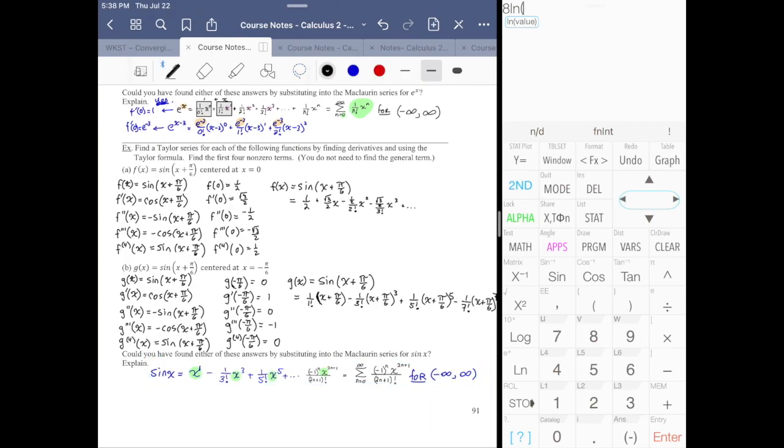All right, so for A, if you just compare what we have here to what we're ultimately dealing with, we do have a substitution that needs to be made. So we'd have to account for that.